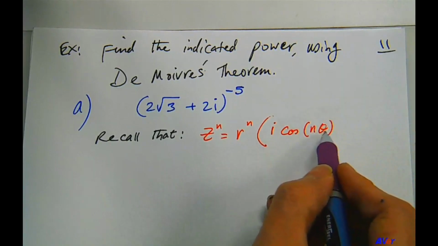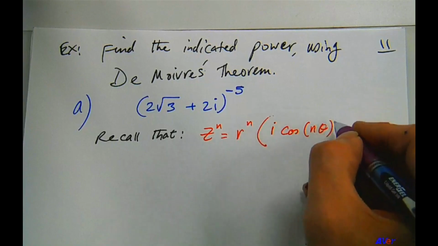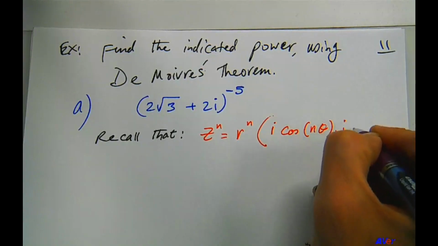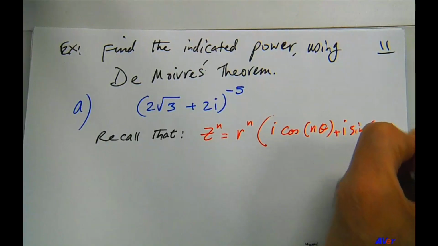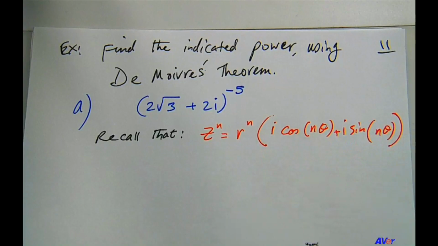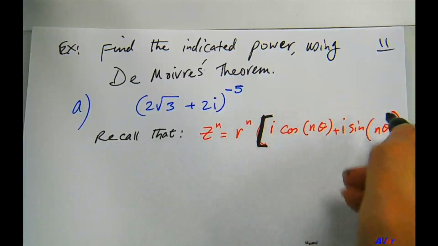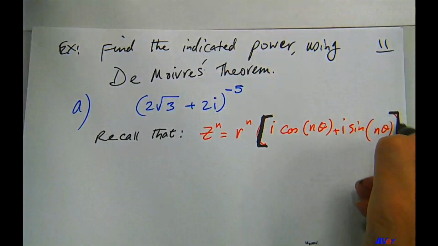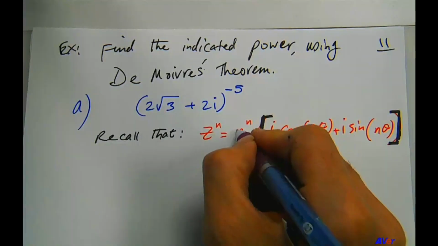So we multiply the argument theta with n, with this power, plus i sine of n theta, like that. Since I have the parentheses here, maybe I should make these brackets. Okay, so that's De Moivre's theorem.